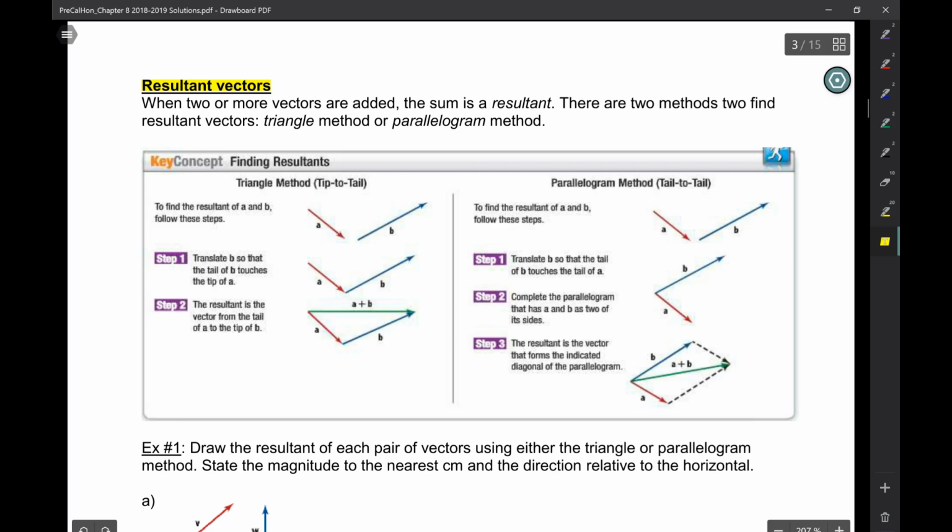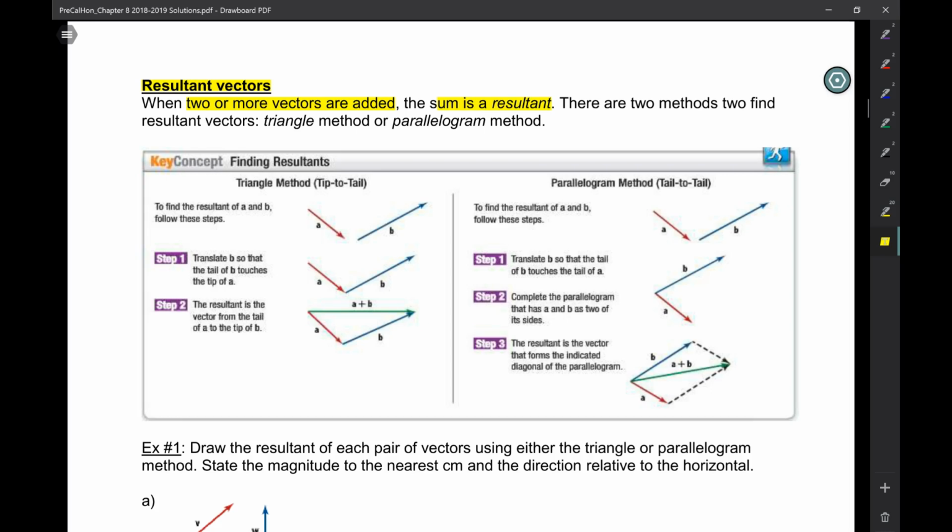Resultant vectors are what you get when two or more vectors are added. When you add numbers, what you get is a sum. When you add vectors, what you get is a resultant. We don't say that's the sum; we say that's the resultant vector. Now, there are two methods to find resultant vectors: the triangle method and the parallelogram method.